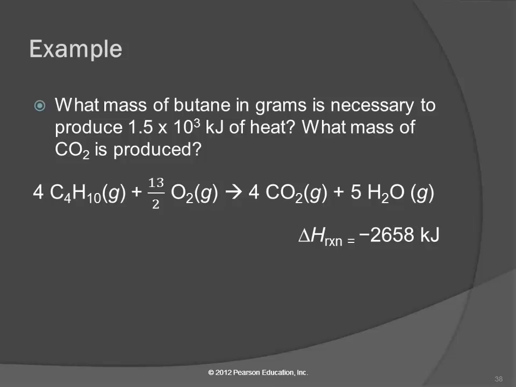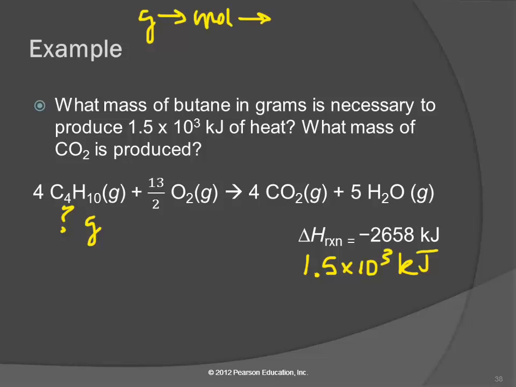They're saying that we have 1.5 times 10 to the third kilojoules of heat, and they're asking what mass of butane. That's the first question. Let's ignore the second question for right now. So our map, our path was grams to moles to grams.